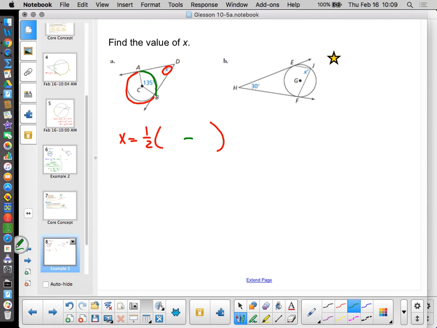That's the measure of my angle. Well, this arc has to be the same as the measure of this angle because that's a central angle, so that's 135. But I don't know the measure of this arc, or do I? I can figure that out because the two arcs together make up a whole circle, 360. So this arc has to be 360. Take away the 135 that's already used, that's 225.